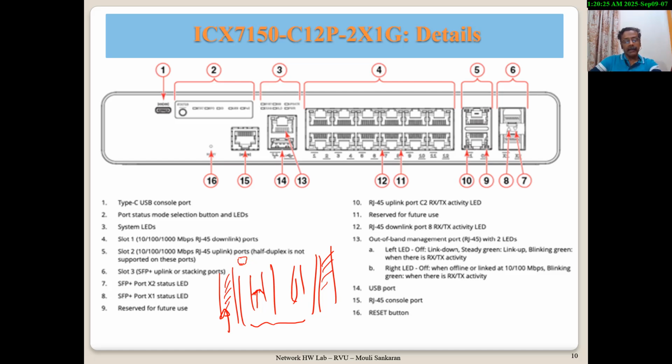So the service road is meant for servicing the highway. Similar to that, these data ports are meant for normal traffic. The management port and console port are for managing the device. So there are two ways of managing it.